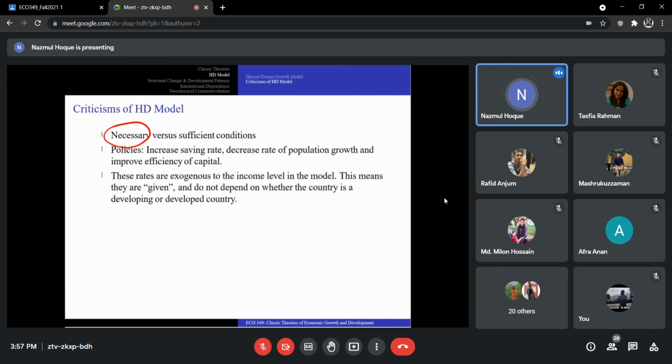For example, in developing countries, even if you have higher savings, that does not necessarily convert to investment and into capital because of various reasons. If that doesn't happen, then a higher savings rate is not necessarily going to give you higher economic growth.